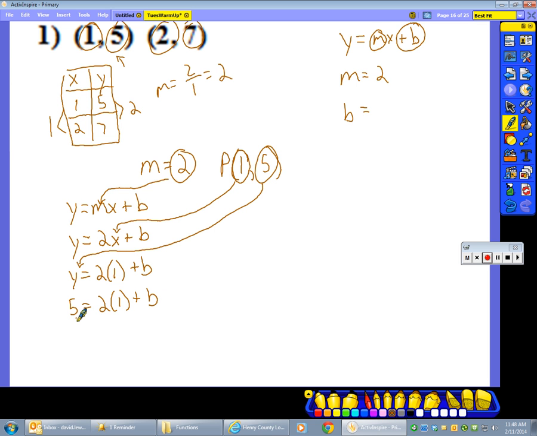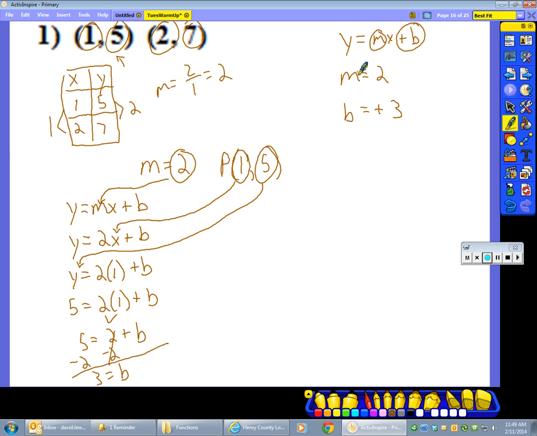Now I would just solve this equation. 2 times 1 is 2. I'm going to write down the rest of my equation. I need to get rid of that 2, so I do the opposite, which is subtracting 2 on both sides. I'm left with 5 minus 2, which is a positive 3. So b equals a positive 3.